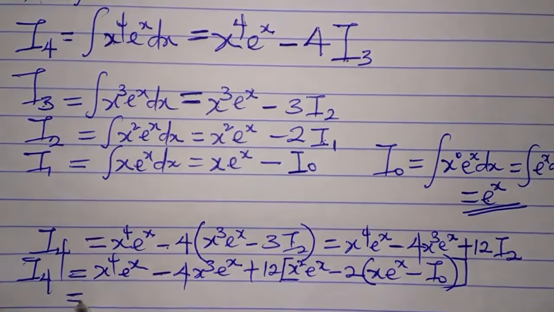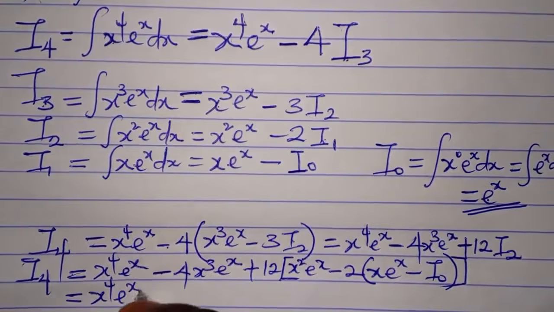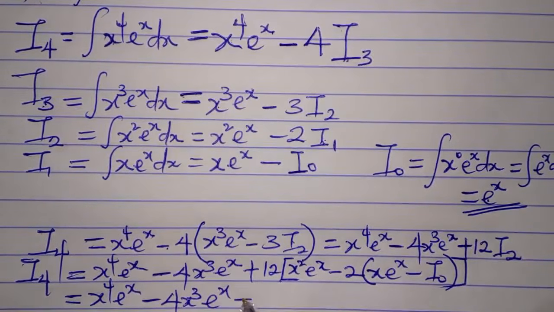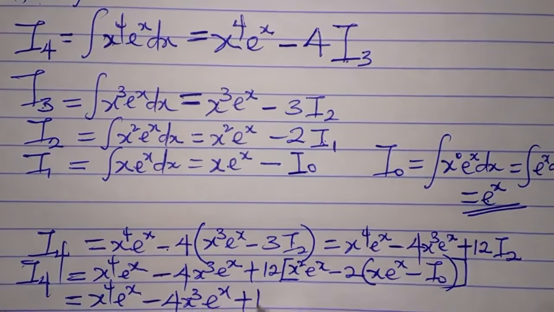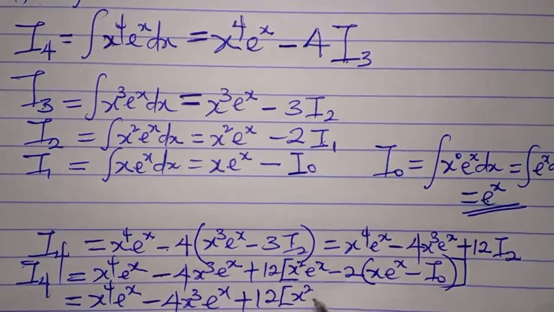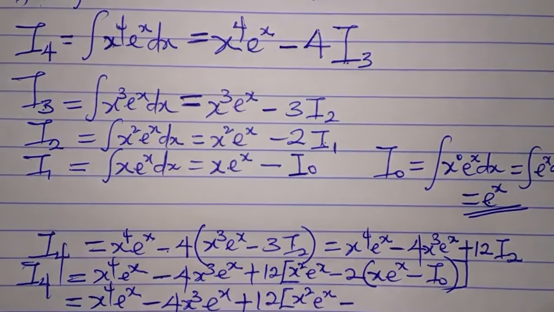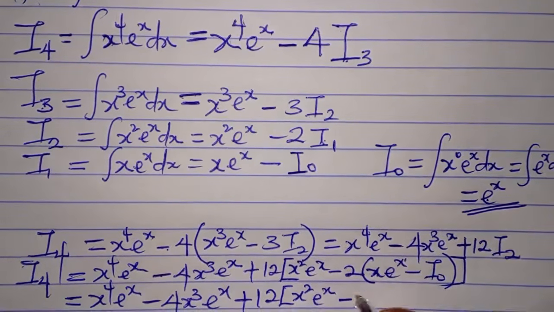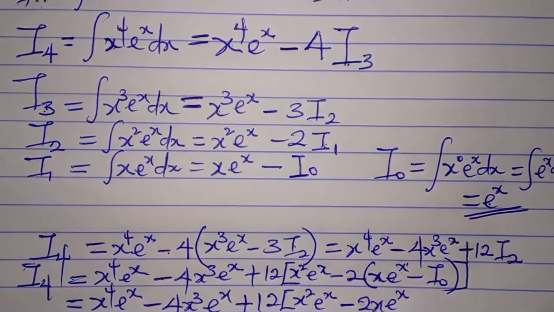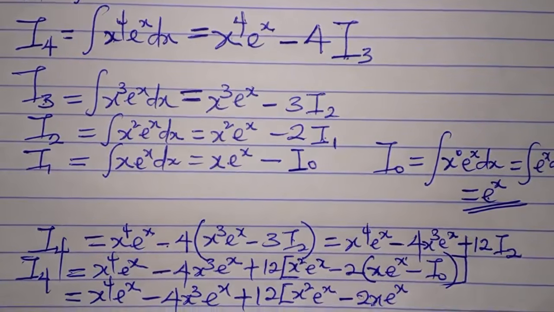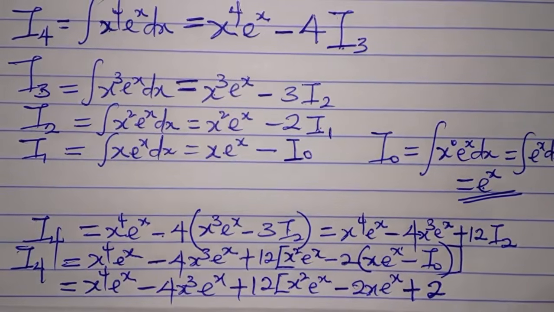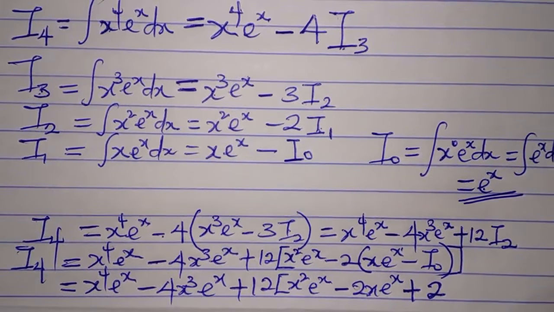So I4 will be equal to x to the fourth e to the power of x minus 4 x cubed e to the x plus 12 into x squared e to the x minus, let's open this bracket now, minus 2 times x e to the x is minus 2 x e to the x, minus 2 times minus I naught is plus 2 I naught, right? But I naught itself is this.